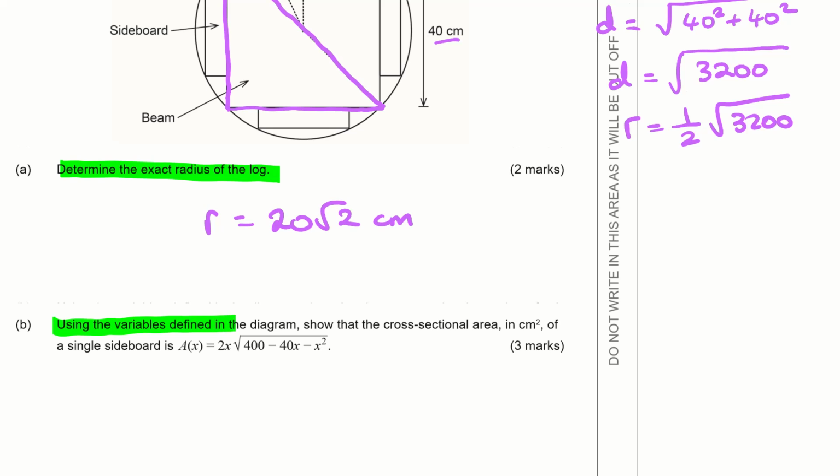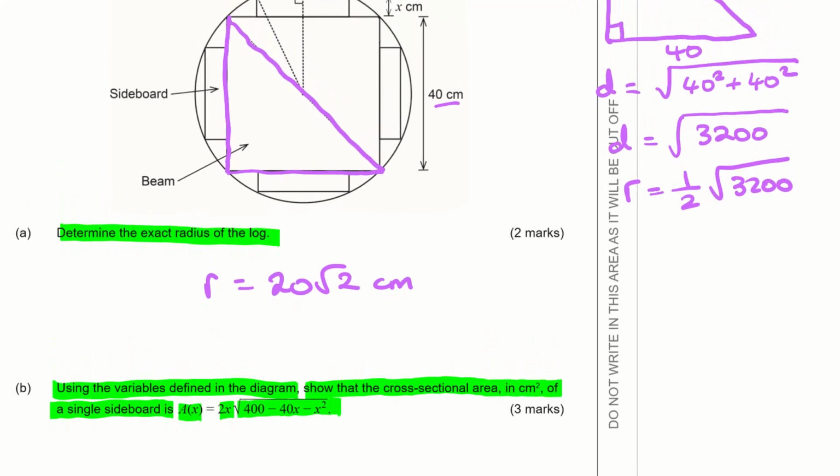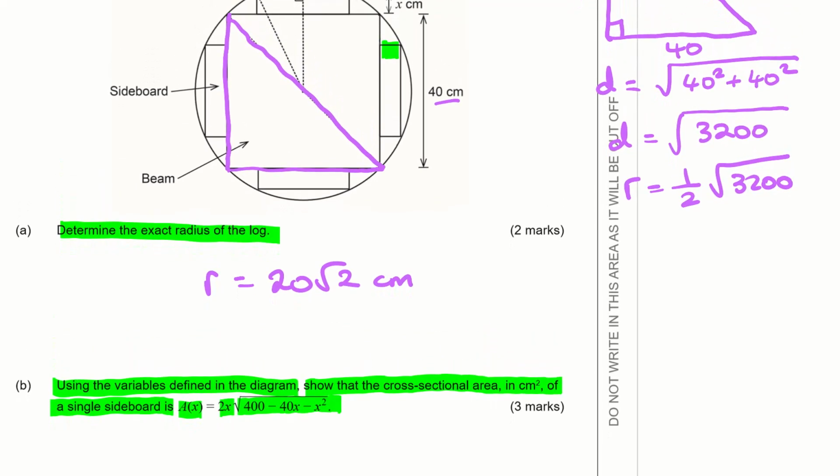Using the variables defined in the diagram, show that the cross-sectional area in square centimeters of a single sideboard is A of x is 2x root 400 minus 40x take x squared. And those sideboards are these ones just here.